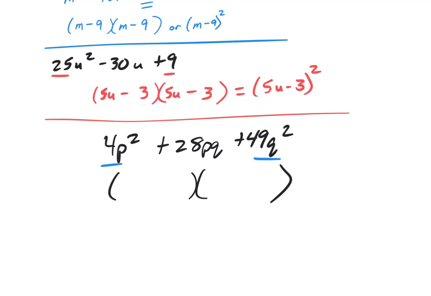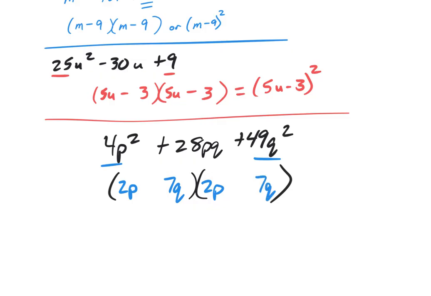And as long as these are squared, then they would be perfect squares as well, as far as the variables go. So as we start to set up our parentheses here, 4p squared would become 2p times 2p. 2p times 2p is 4p squared. Okay, then we look at the last term, 7q times 7q.